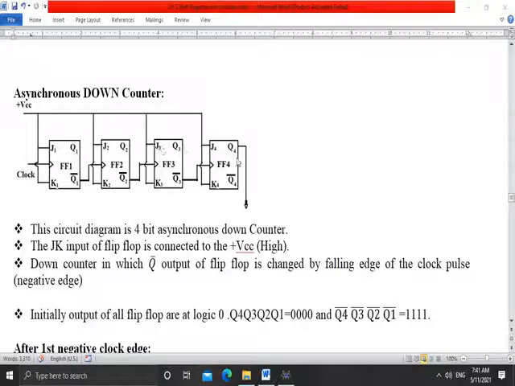So flip-flop 4's output Q4 changes from 0 to 1 and Q4 bar changes from 1 to 0. This means all of Q1, Q2, Q3 and Q4 become 1, and all of Q1 bar, Q2 bar, Q3 bar, Q4 bar become 0 when the first clock pulse is applied.